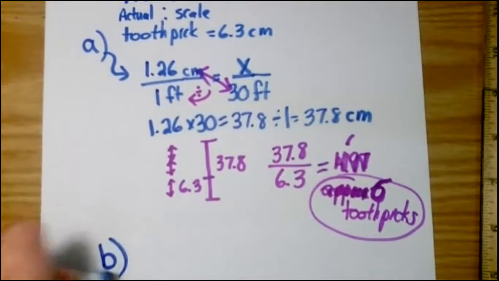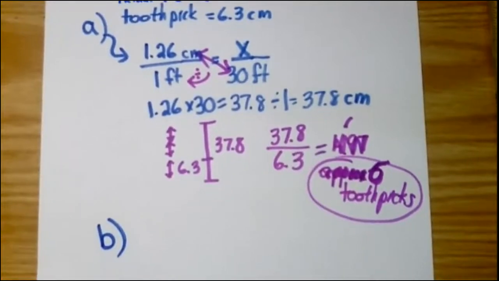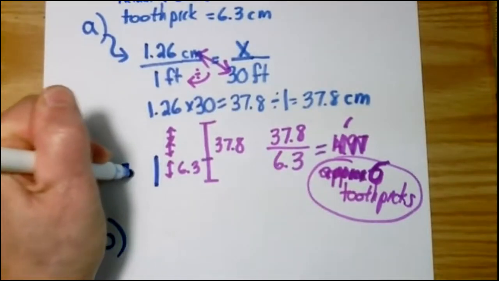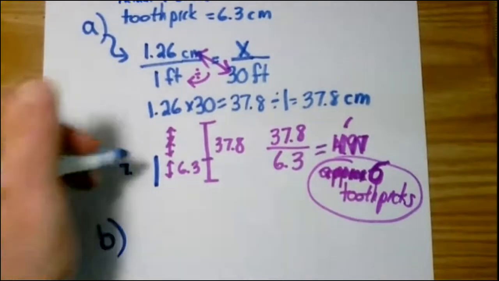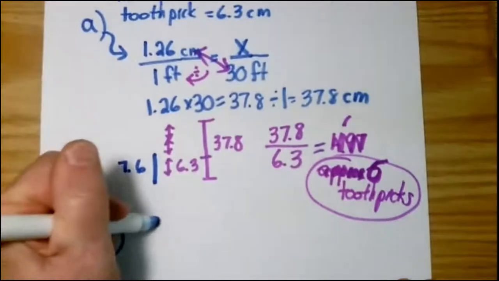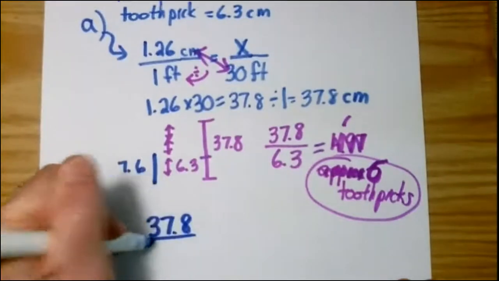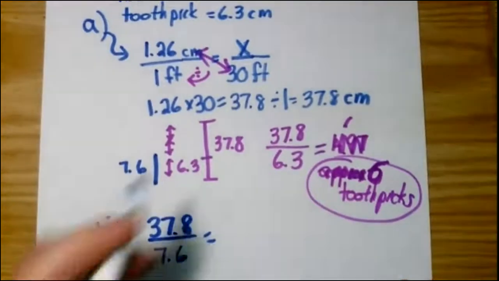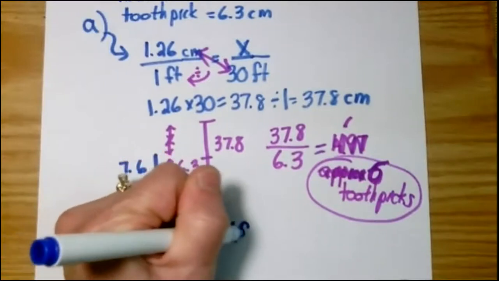Okay, letter B. It's the same thing, except now we have cotton swabs, and the cotton swabs are a little bit taller, 7.6. So do you think you're going to need more or less cotton swabs if they're taller than the toothpicks? Right, you should use a little less, and I've already given you the answer because I gave you the answer to B instead. So divide by 7.6, and you should get, that's where we get the 4.97.